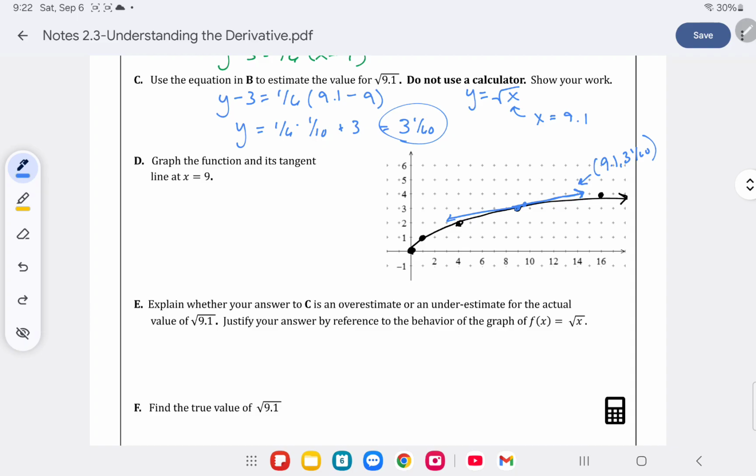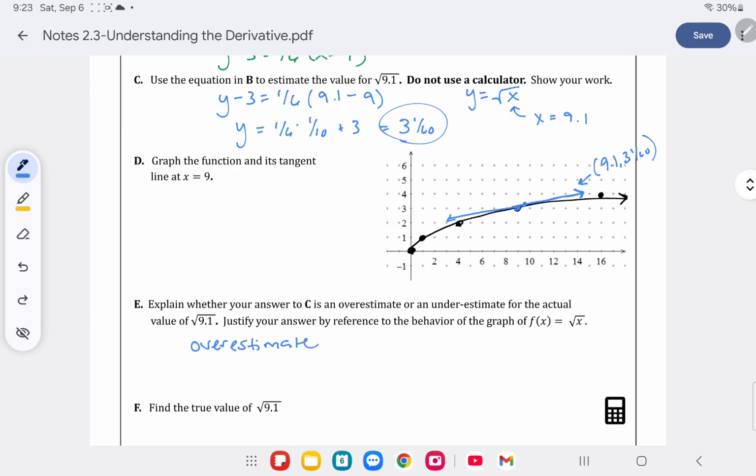But based on this picture, we can see that our tangent line is above where the graph actually is. Because the graph is concave down, our tangent line is above it. So basically that means that what we got for part C was an overestimate.